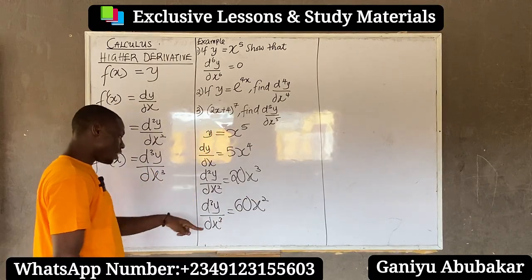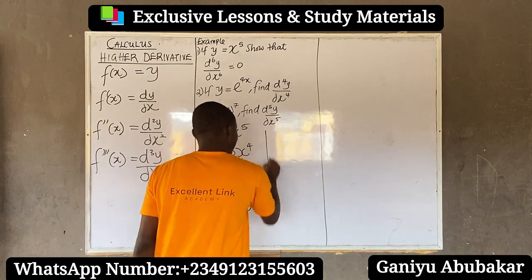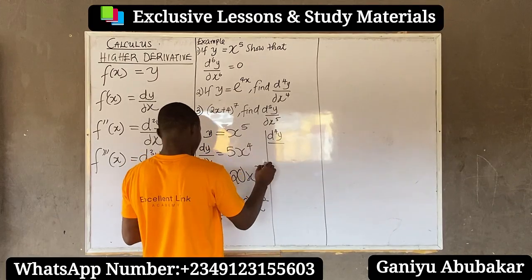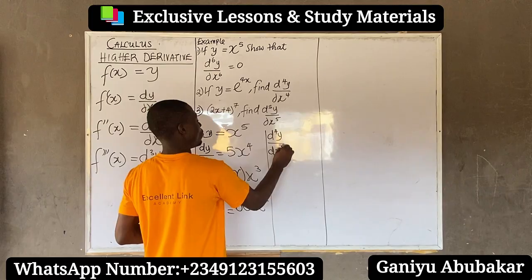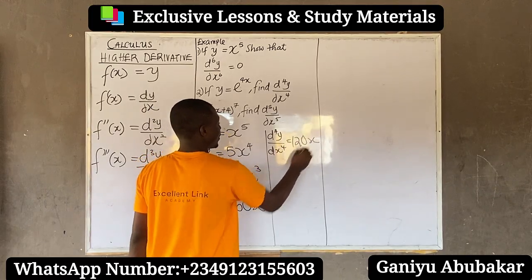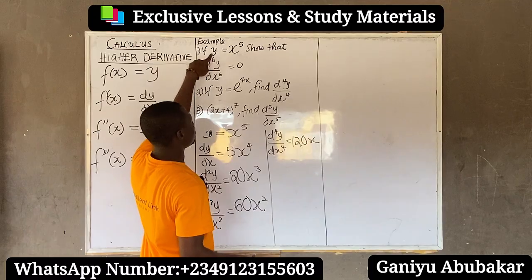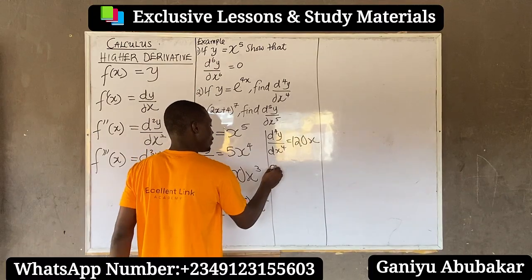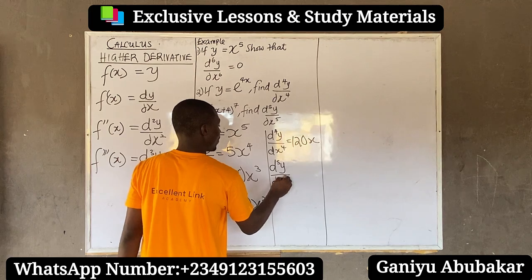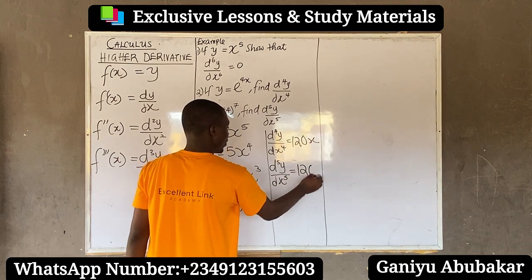Differentiate this again. That gives you the 4th derivative, d to the power 4 y over dx to the power 4, which is 120x. I'm going to 6, so differentiate this again. That gives you the 5th derivative, which equals 120.